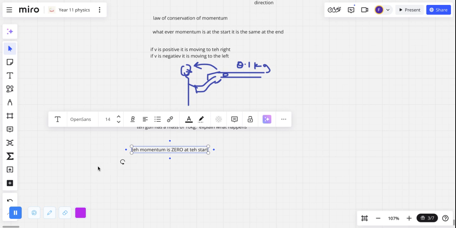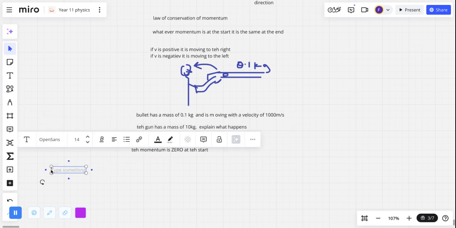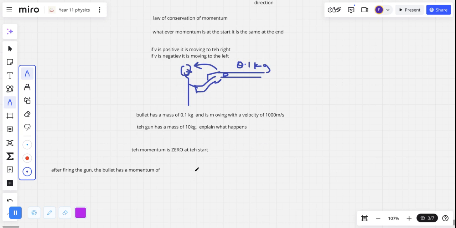So after firing the gun, the bullet has a momentum equals mass times velocity. Its mass is 0.1 kilograms. Its velocity is 1,000 meters per second.